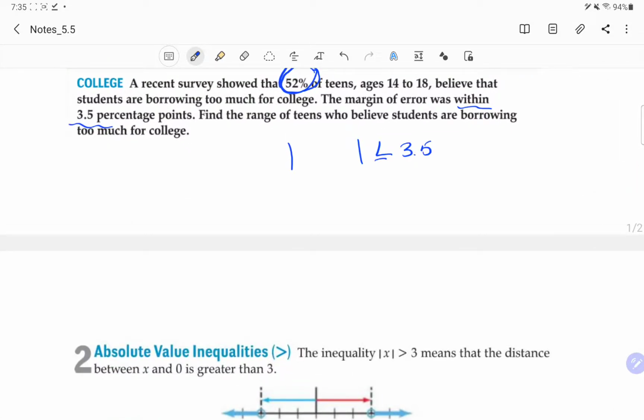And that's the difference from the number of students who said they're paying too much for college and the 52% that was on the survey. So here's our inequality. S is equal to the percent of students.